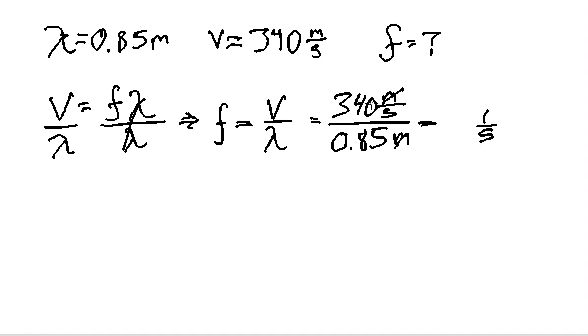So 340 divided by 0.85 gives you 400. I believe this was actually the frequency in the first part of your lab yesterday. 400, 1 over seconds.